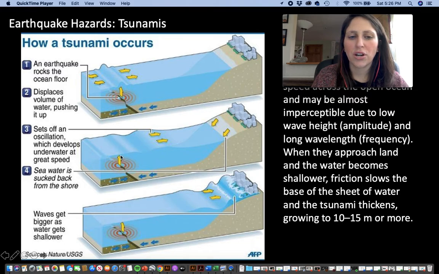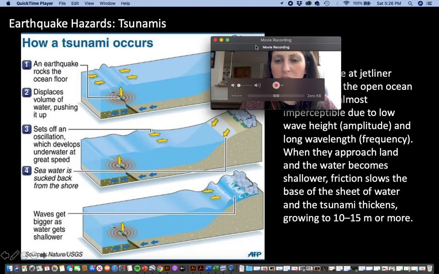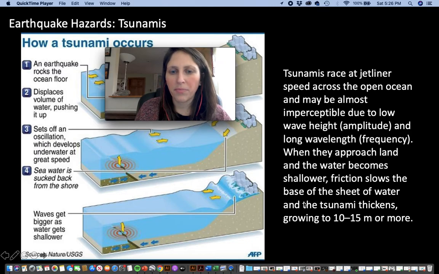It'll usually start off as a kind of hump in the water, and as it travels towards land, that hump is going to get bigger and bigger, until finally it gets to the beach and that wall of water washes onto shore, pretty much decimating anything in its path.